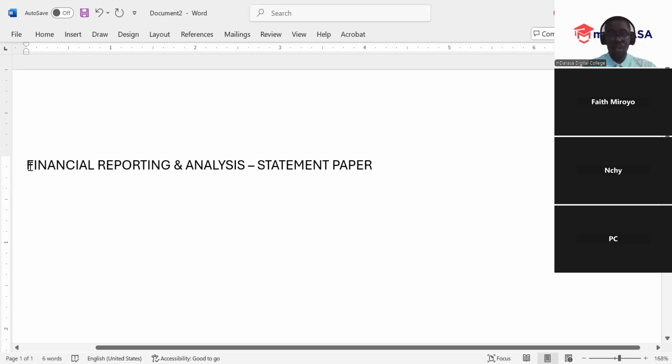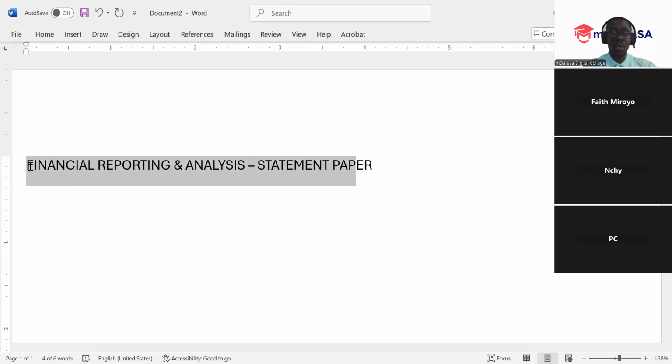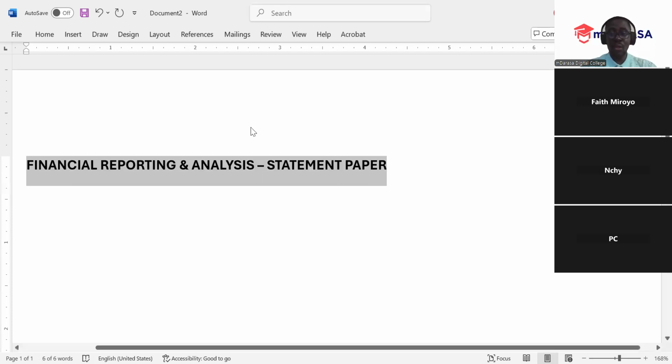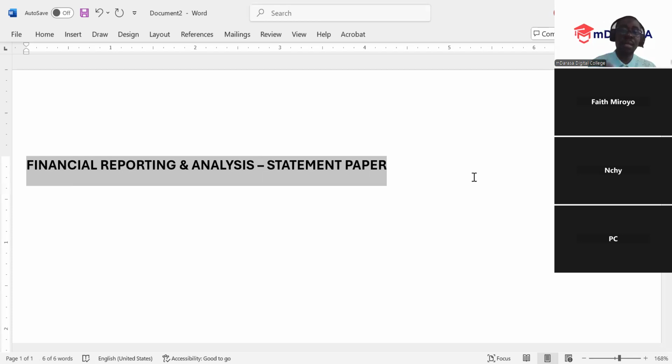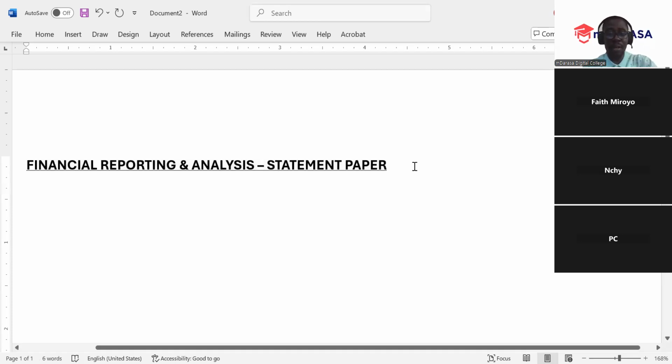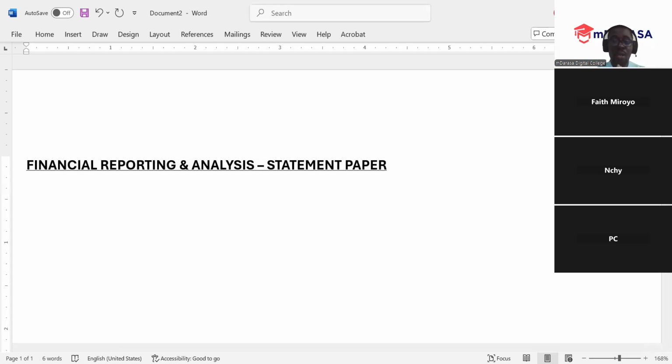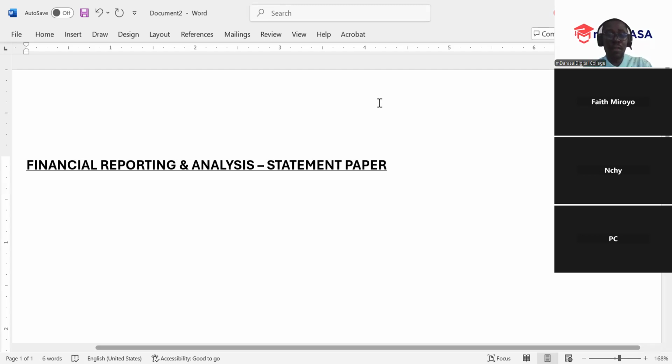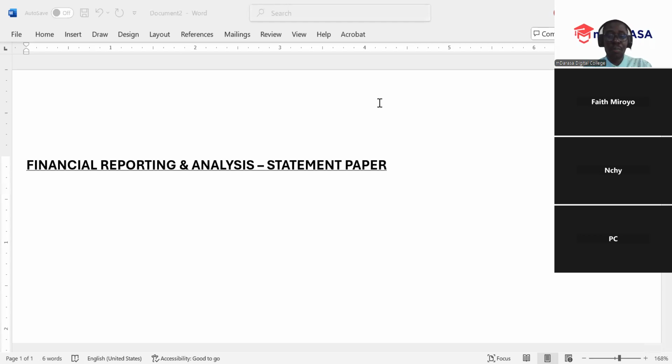When you're talking of a statement paper, we are looking at a paper that you don't need to have so many formulas. It is a very simple paper. If you get the concept right from the word go, that will be very helpful. At this point, we don't have a lot of topics here, only 7 topics.